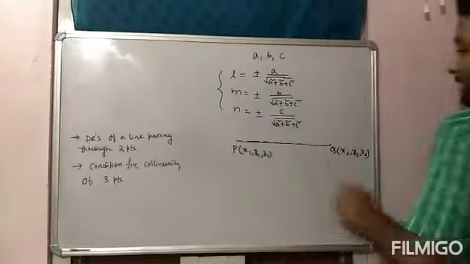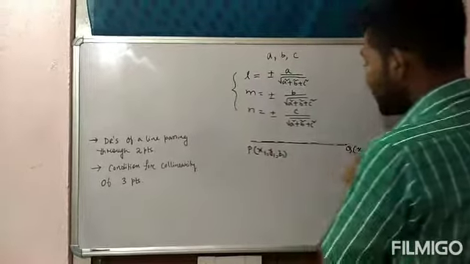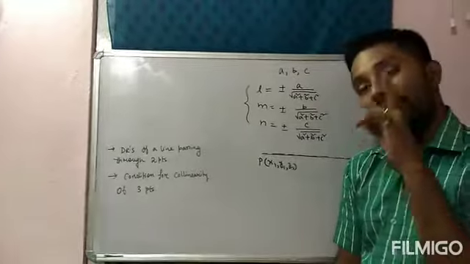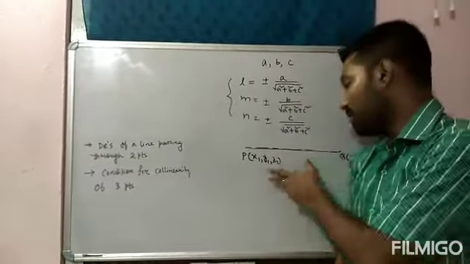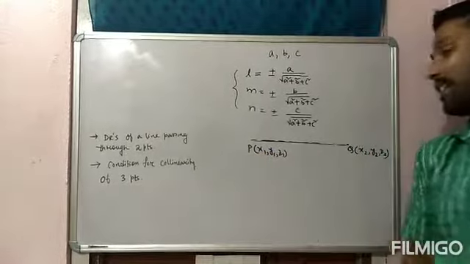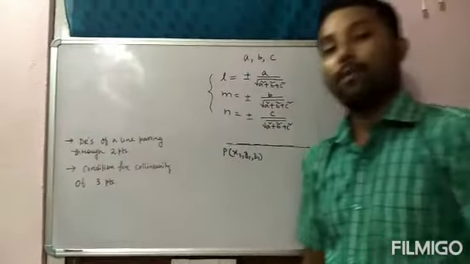Suppose there are 2 points P and Q whose coordinates are given, and we all know we can draw only one line by using the 2 points. Yes? So, how can we find the direction ratios by using these 2 points?